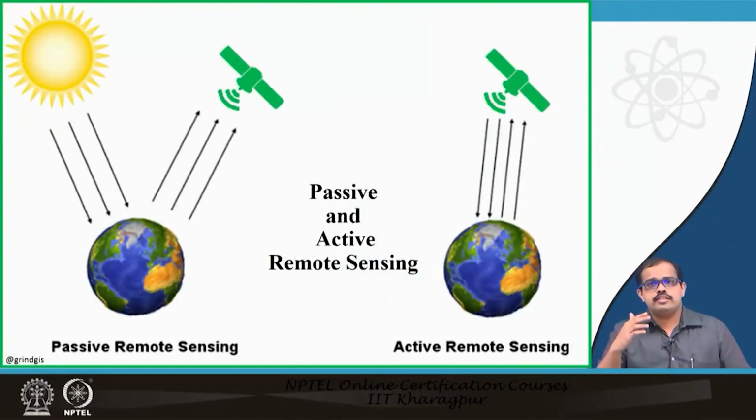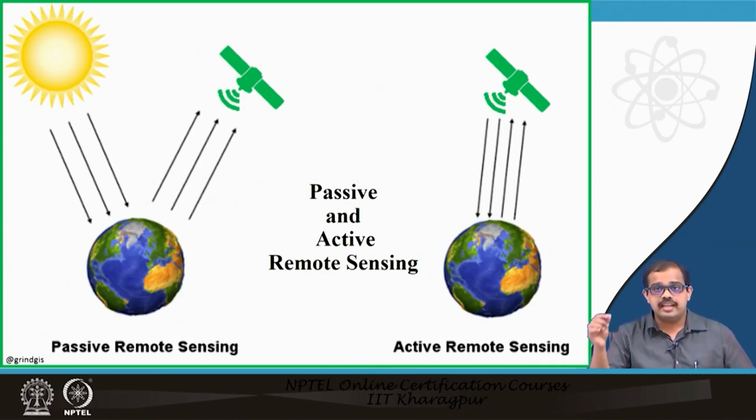When you look at remote sensing, you have two types. One is called passive, the other is called active. For example, sunlight is a source of energy which is not emitted from the satellite. It hits the earth's surface and a certain amount of reflection is captured by the satellite. So the satellite does not have a source of energy, and that is called passive remote sensing.